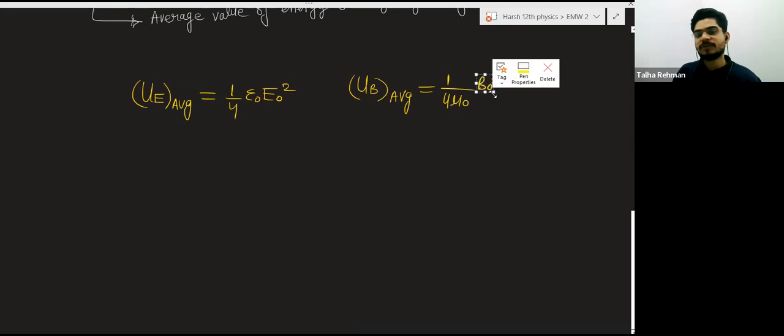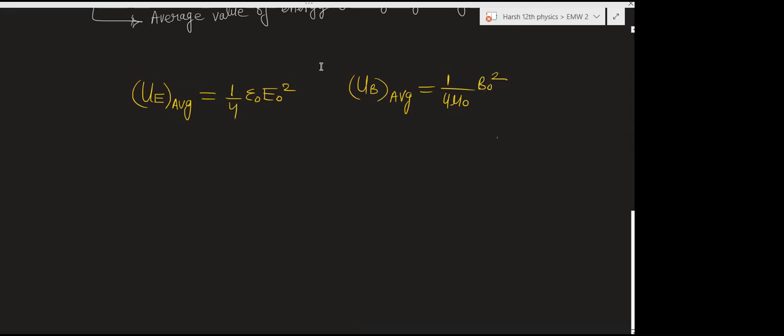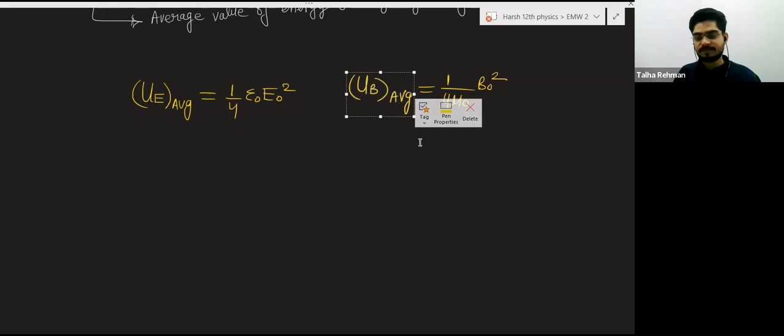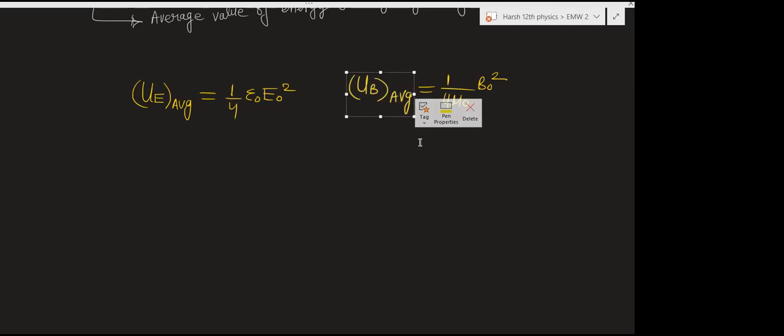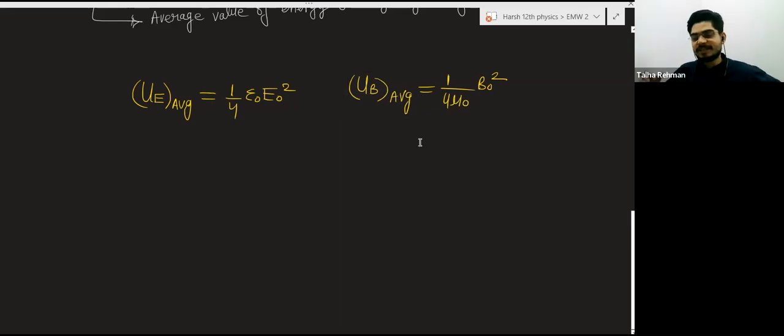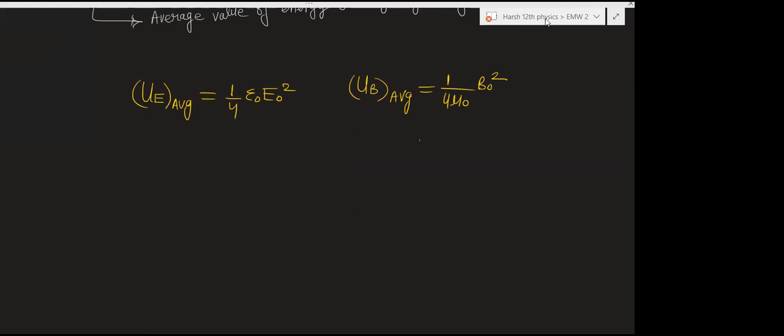And what is B naught? The peak magnetic field. And what is this? The average energy density of the magnetic field.